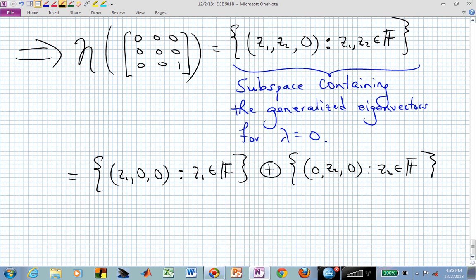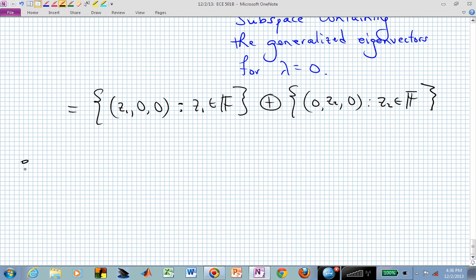But that two-dimensional subspace, combined with the original eigenvector for lambda equal to 1, gives us our full basis complement for F3. Meaning now we can say that F3 can be built up of two pieces.